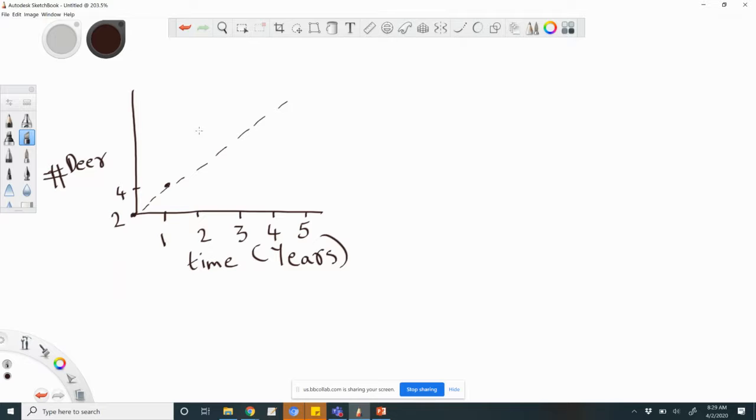Yeah. No, it would probably go up way faster than that, because you're only getting two deer every year if it's a linear graph like that. Would it be two deer every year? No, right? What would it be? It would probably be maybe 10 times that. I don't even know.